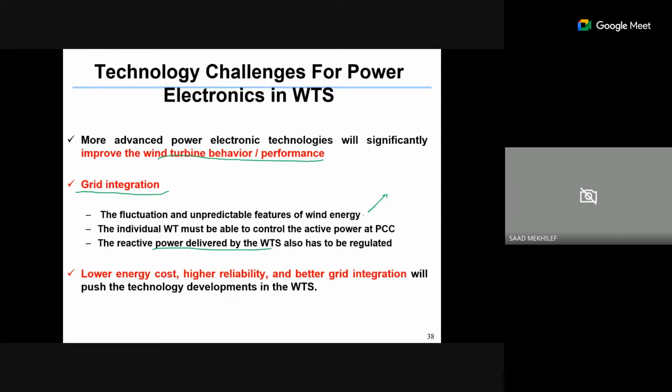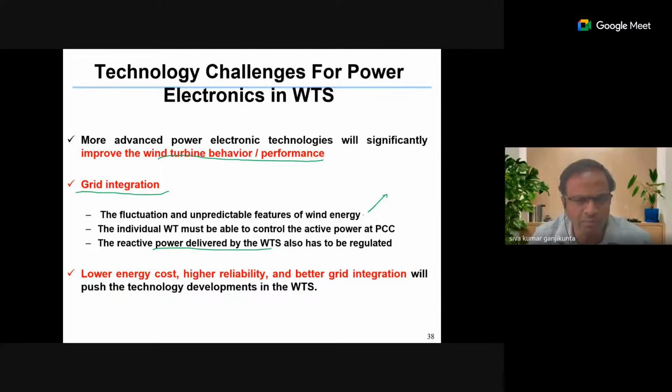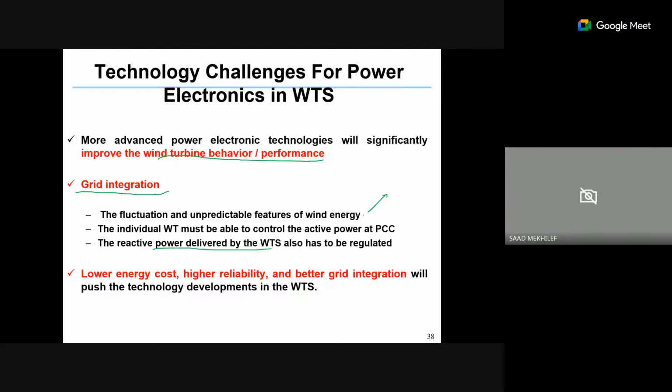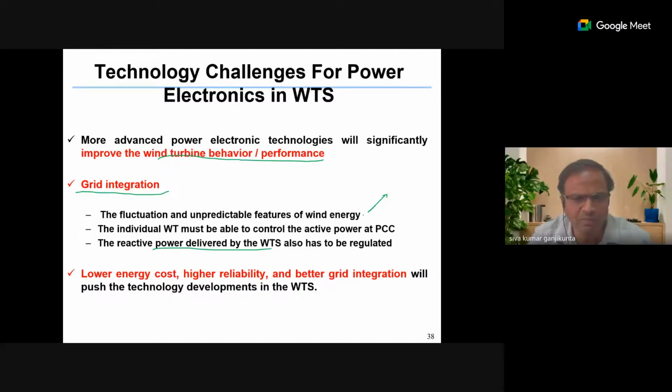But in the case of the doubly-fed induction generator, the grid side converter is used to generate the reactive power required for the generator. Yes, true. But the induction generator is not going to generate reactive power to the grid.